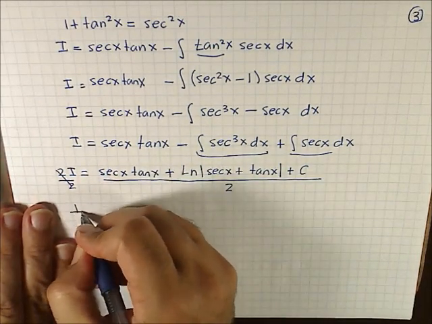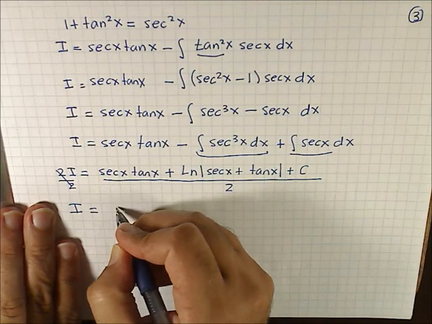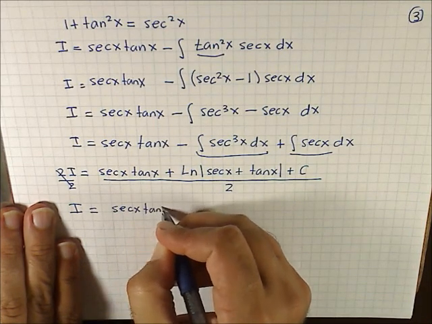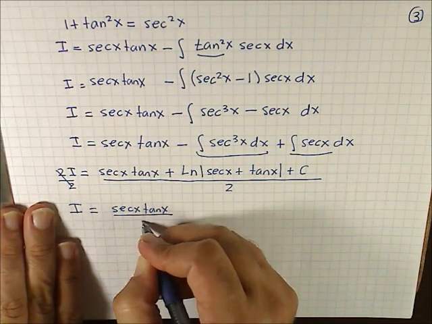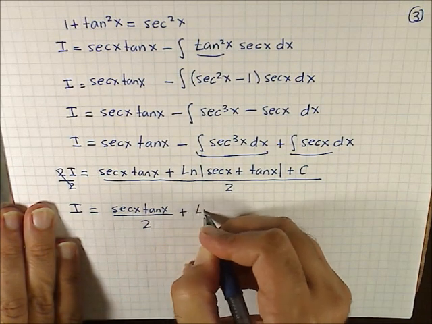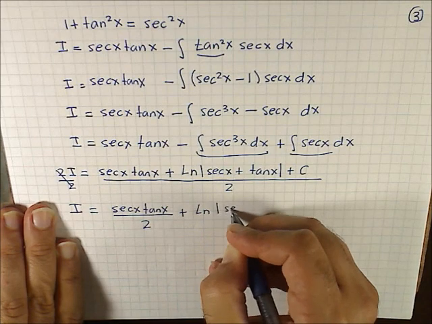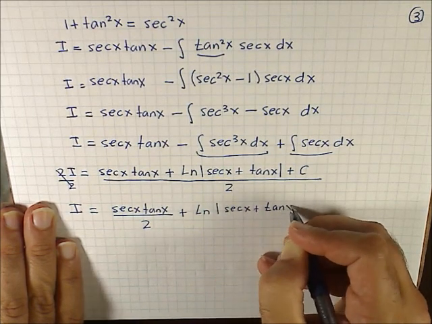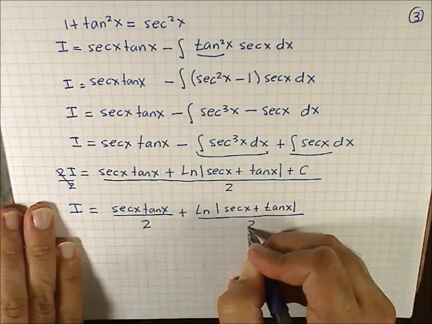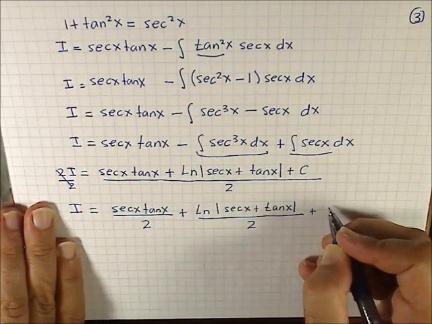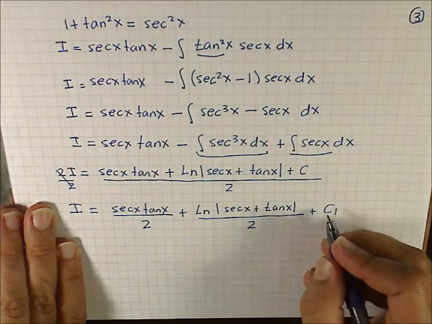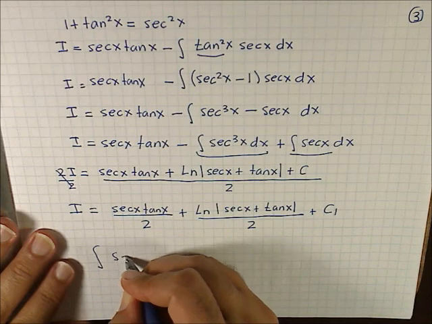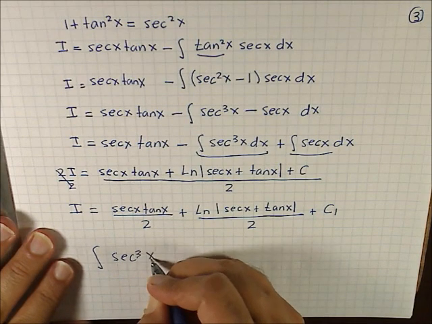And we get I is equal to sec x tan x divided by 2 plus ln of sec x plus tan x divided by 2 plus c over 2. I'm going to call that c1 because it's just an arbitrary constant. All right, that's the solution of integral secant cubed x dx.